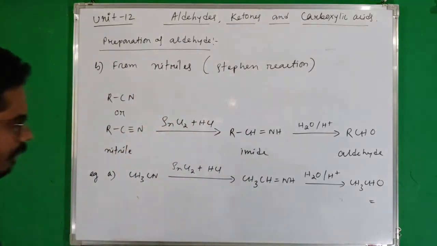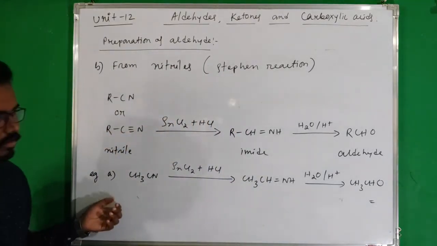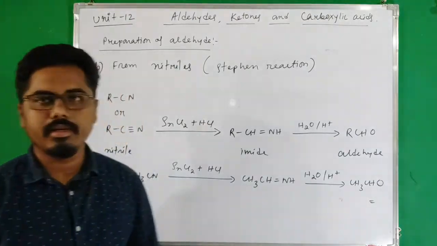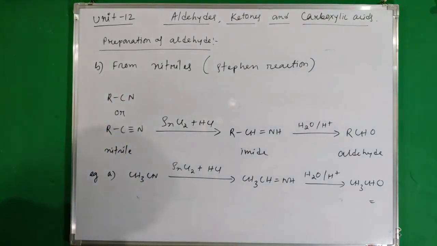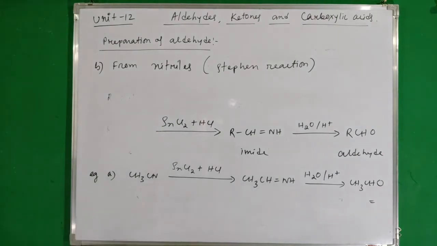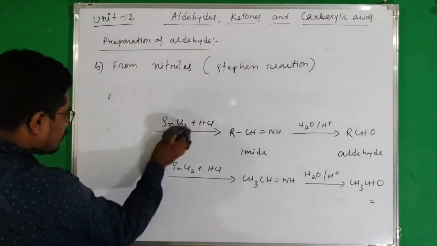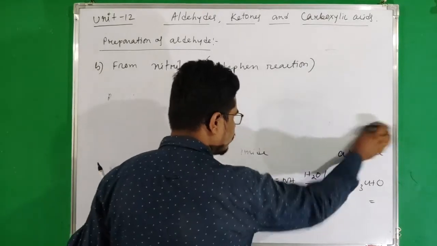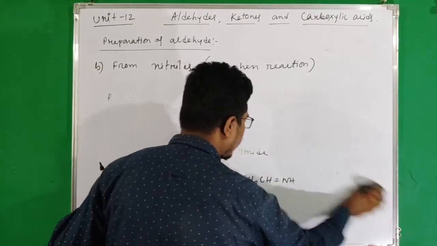That means we are converting a nitrile into aldehyde with the help of Stephen reaction. In place of SnCl2 and HCl, we can also use diisobutylaluminium hydride, and in that case the product is the same. That means the nitrile will convert into aldehyde.